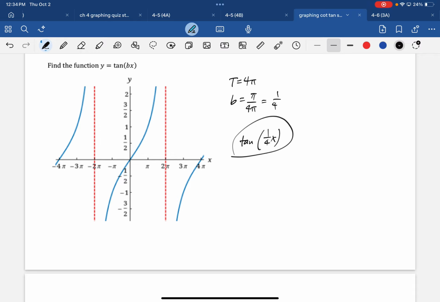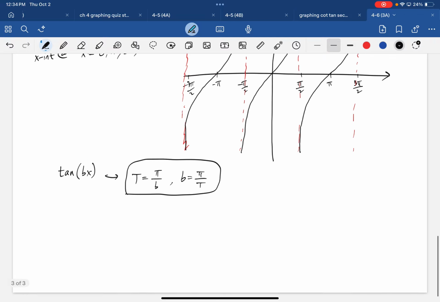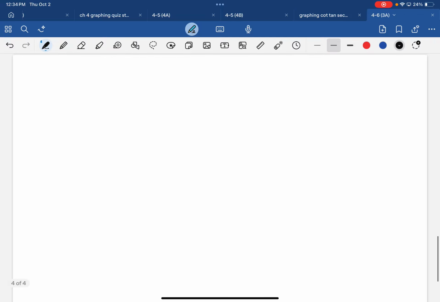That's a horizontal stretch by a factor of 4, right? So that's tangent. And now cotangent can be found with a very similar process. I'm not going to explain it to you. You just know it. Okay, cotangent x looks very similar, so it's very easy to confuse, okay? But don't make that mistake.